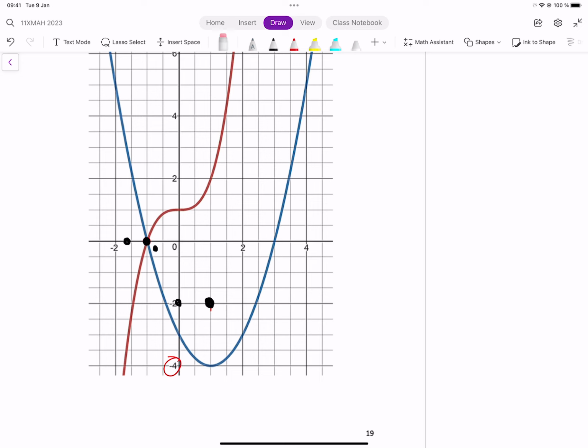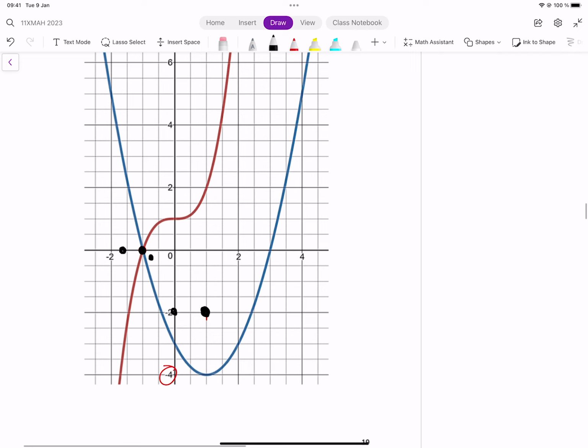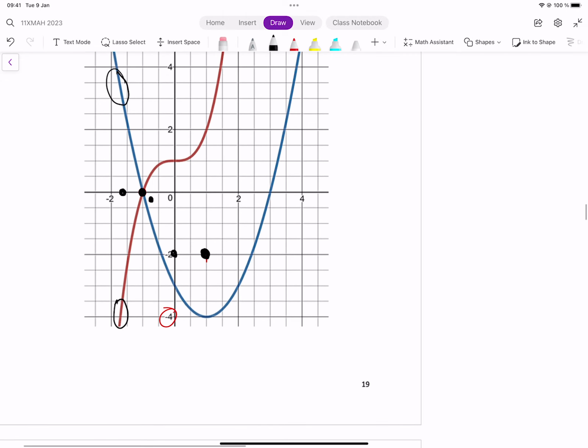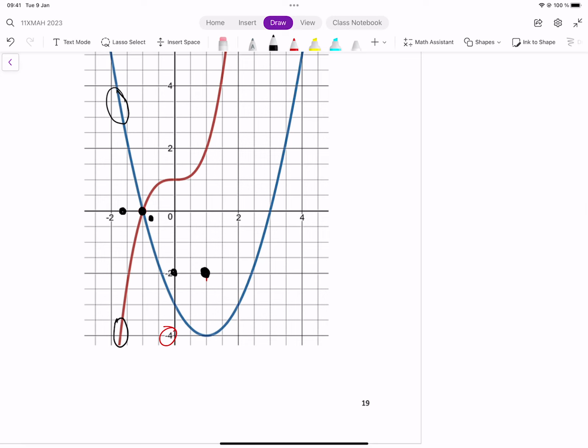Now we have to consider what is happening down here. So we then think, okay, which one is going to be increasing or decreasing faster? My parabola or my cubic function? Well, a cubic function decreases or increases faster than a parabola because the power of x is bigger. The power of x is bigger than x squared.